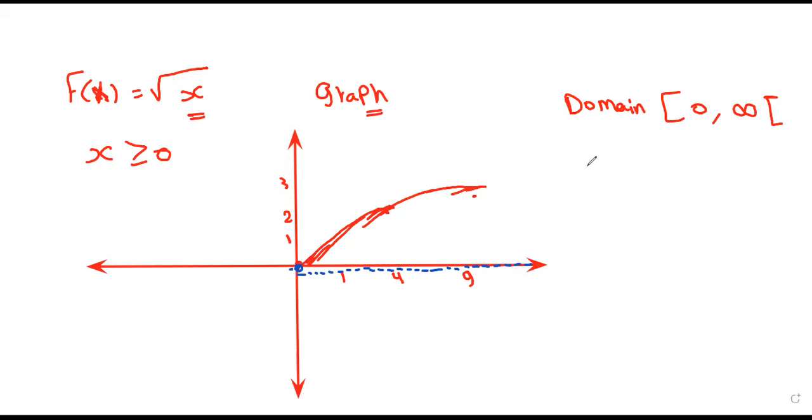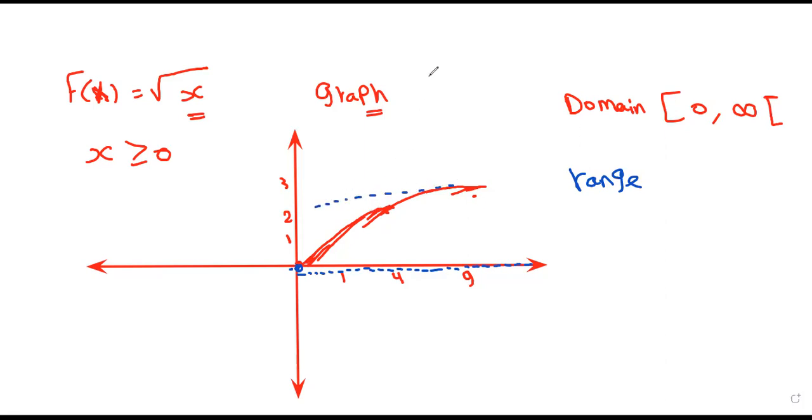What about the range? As you see, this curve is going up and up as x increases. As I said in the previous session, the range is the span of y values for all values of x.